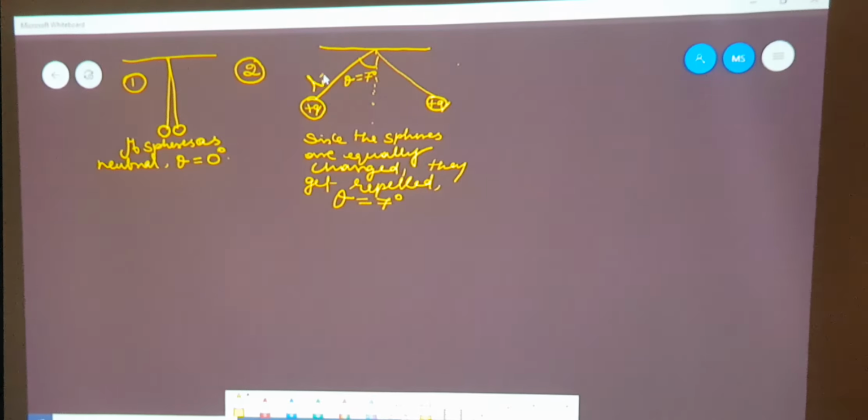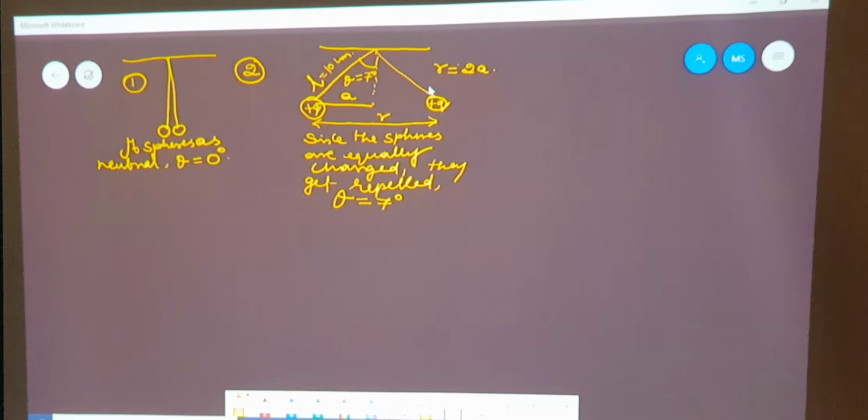This is the length of the string, considered to be 10 centimeter. The distance between the two charges, let us consider it as R. The distance from one of the spheres to the center, let us take it as A. So on comparing, we can say R is equal to 2A.